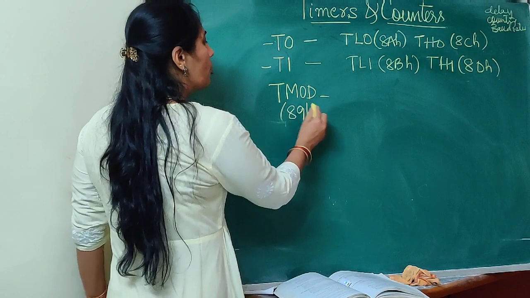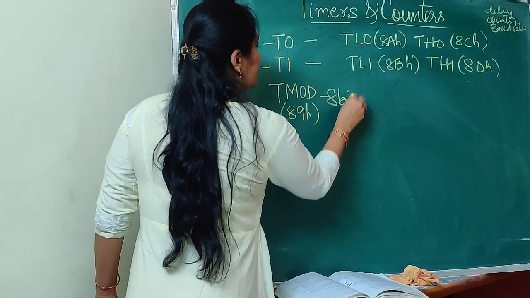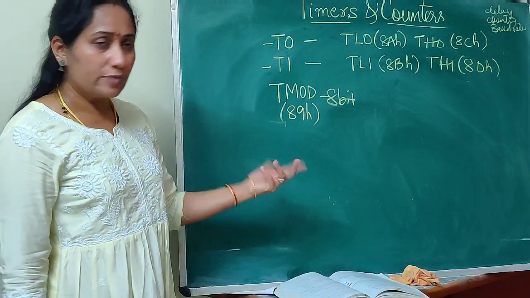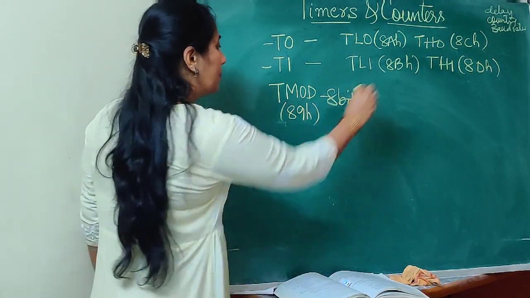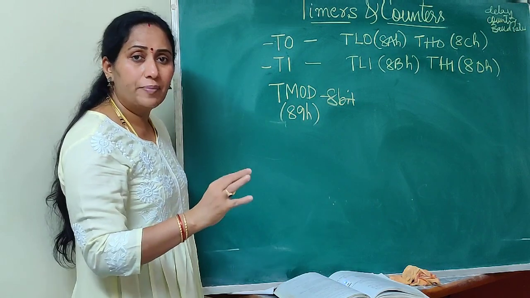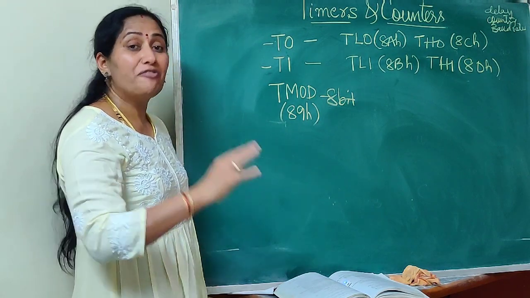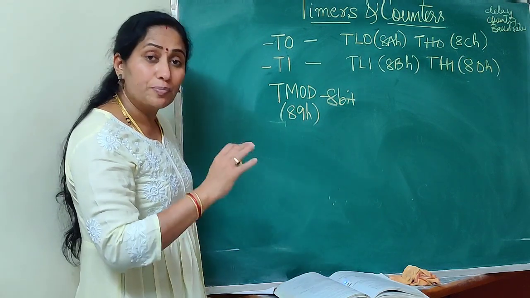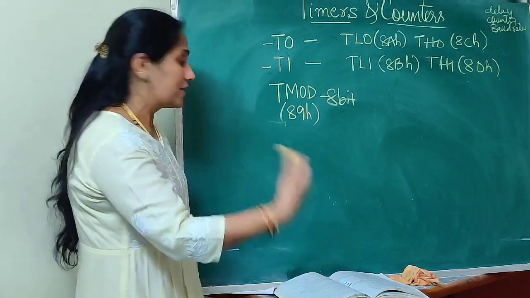So this particular TMOD register is an 8-bit register which is byte addressable, wherein all the 8 bits present in the TMOD register are going to have special function assigned to them. Each bit is going to have special function.